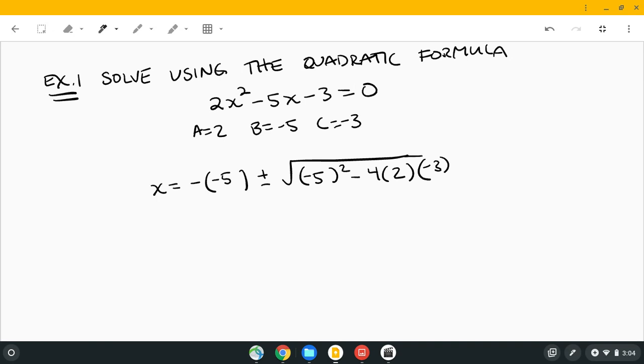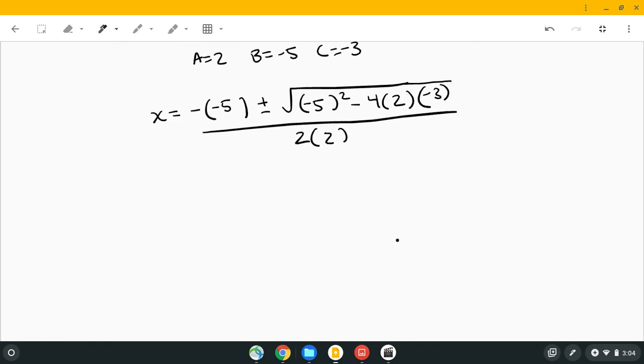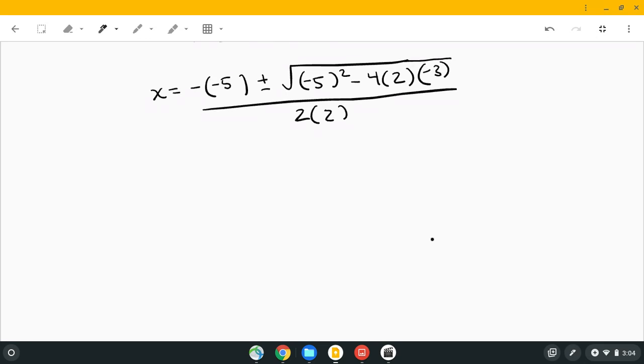And let me make this a little bit longer. Okay. And it's all over 2a. A is 2. Okay, so once you plug everything in to the proper place, then you just work this all out.